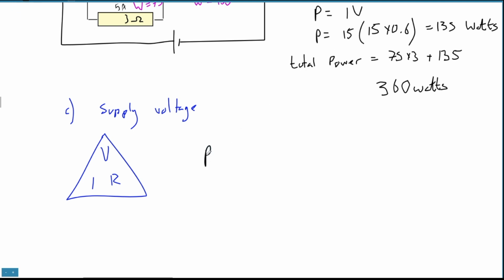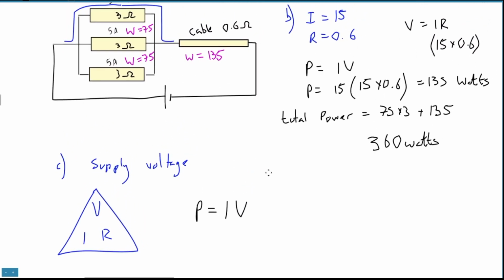I've got P is equal to IV. Would that be good enough to be able to get my V out of that? Because I've got my power, my total power supplied. I could model this whole thing as being one component. So we could just say the whole circuit is one component and it's using 360 watts of power.